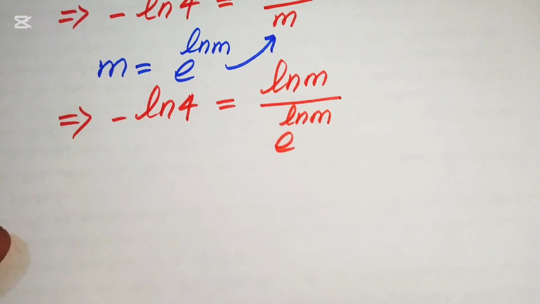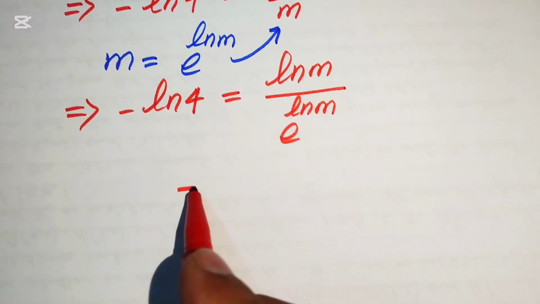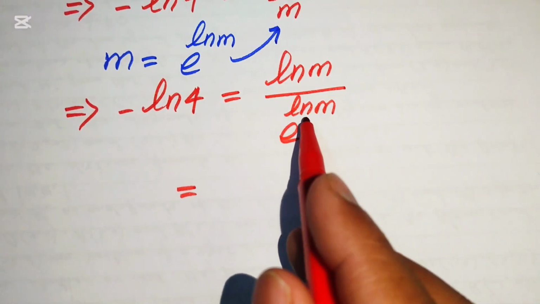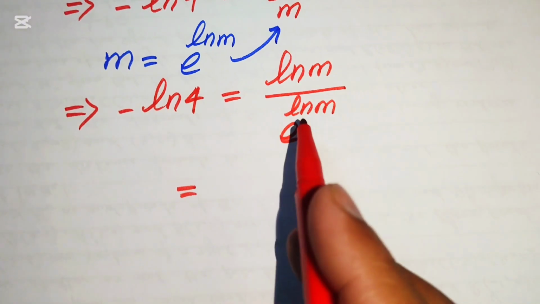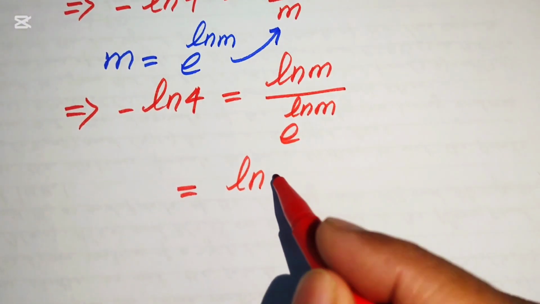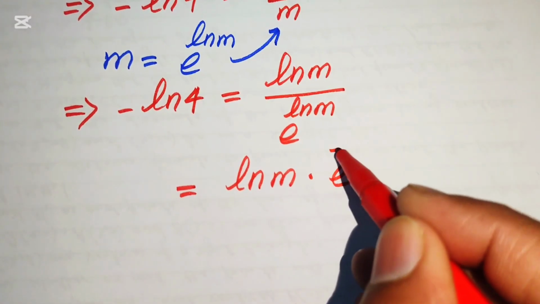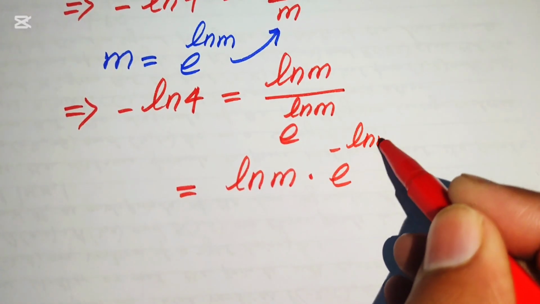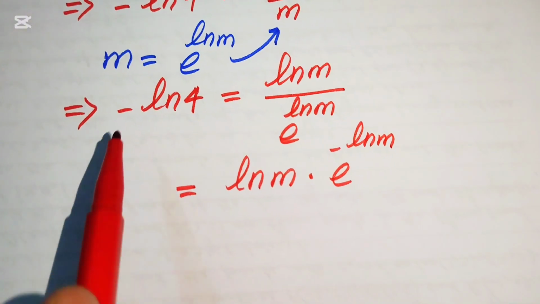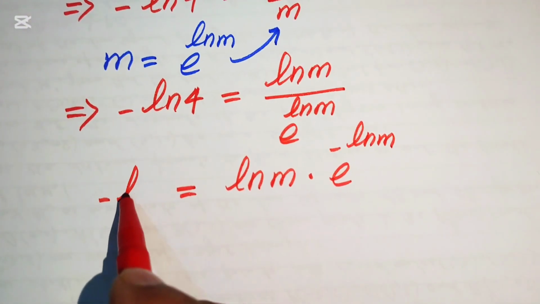Here we know the very basic property of exponents. If we move this e to the power of log m to the upside, its exponent becomes negative, and we write it as log m multiplied by e to the power of minus log m. On the left hand side we have minus log 4.